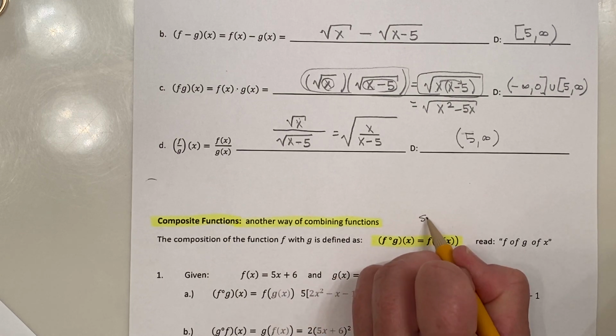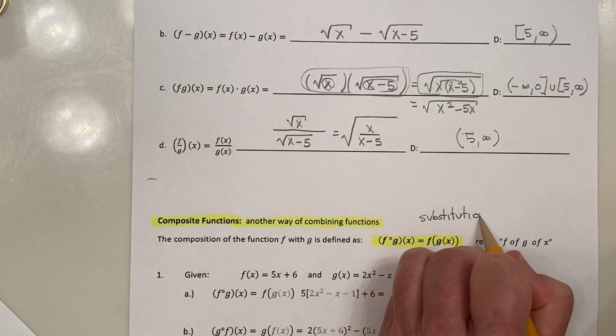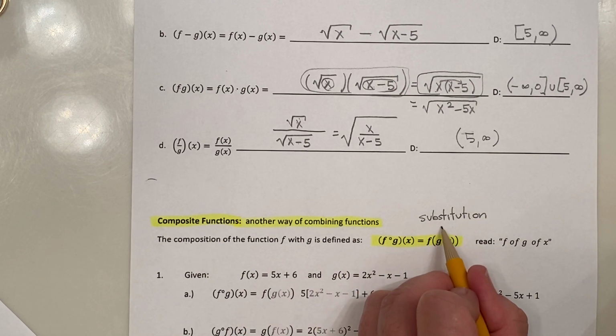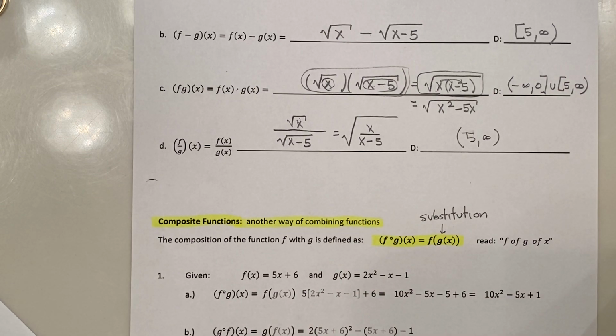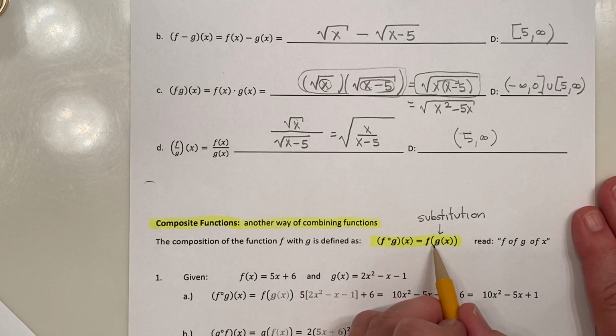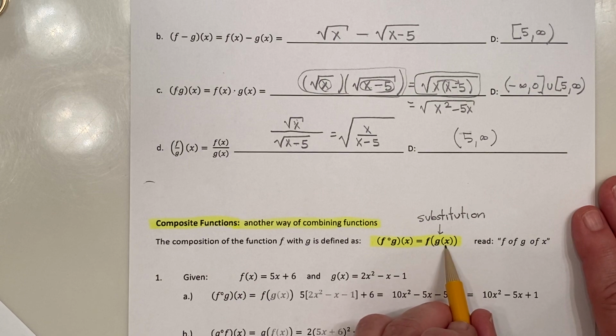It's actually a substitution. And what's important to notice is that g is what we would call the inside function, while f is the outside function. So again, this is read as f of g of x. And you could either see it with this little circle here or this nested set of parentheses.